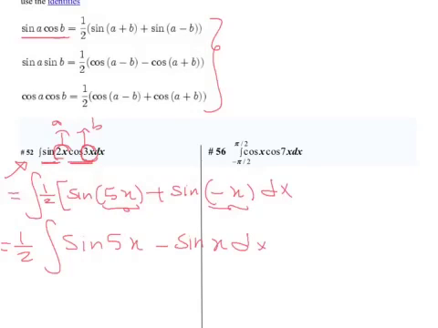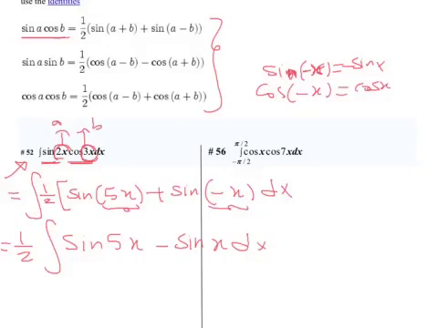Keep in mind that sine of minus x is equal to minus sine x, and cosine of minus x is equal to cosine x.